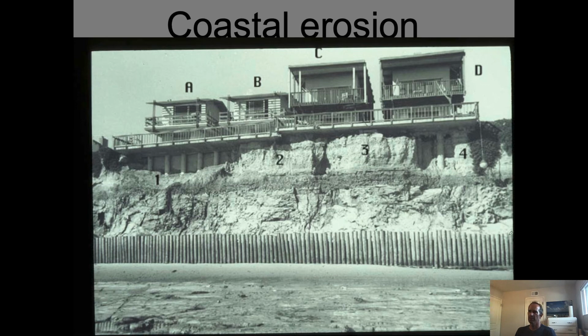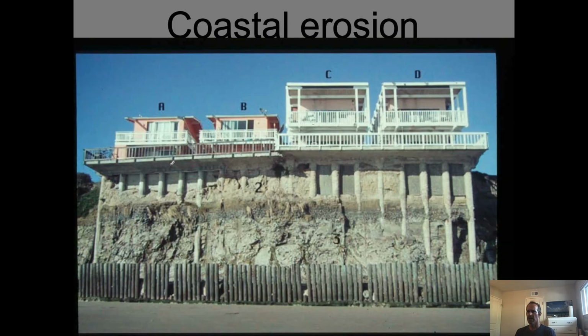Here's an example in the Santa Barbara area where they built this fence to try to protect the cliff, but you can see that it's still experiencing erosion way up here. So I show this because the waves are not actually making it up here, but there is spray from the ocean. There's just kind of the ocean fog that's salty.